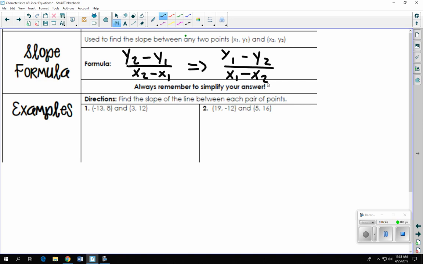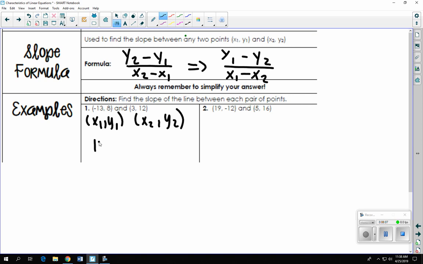So the first points we have here is negative 13 and 8 and 3 and 12. This means that my negative 13 is my x1, my 8 is my y1. My 3 is my x2, my 12 is my y2. I am going to use y2 minus y1 divided by x2 minus x1. Doesn't matter what formula you use, you will arrive at the same answer.